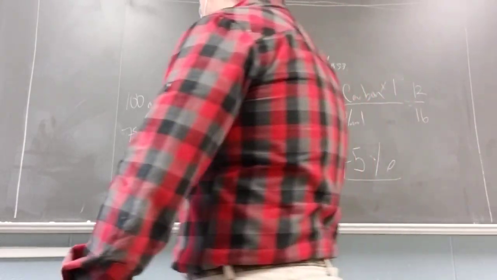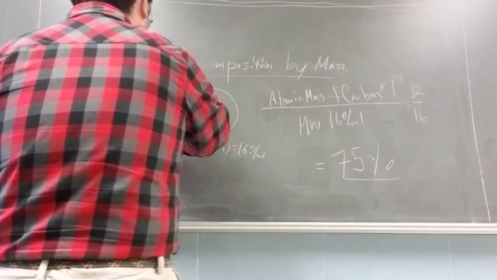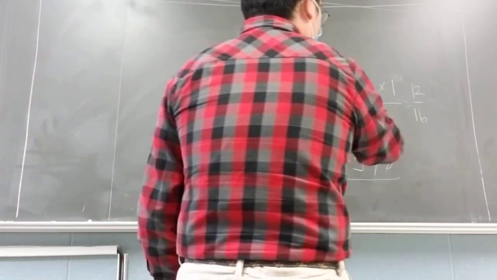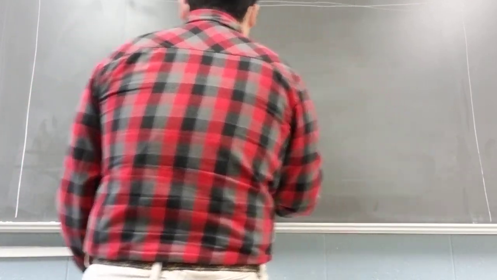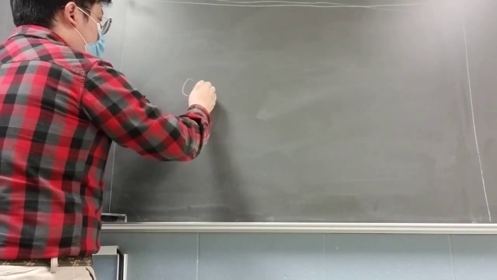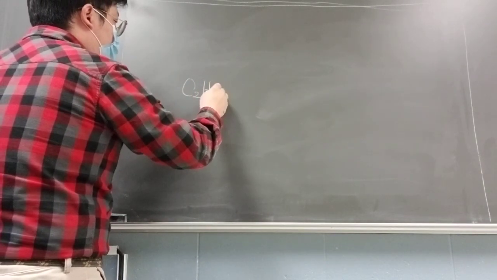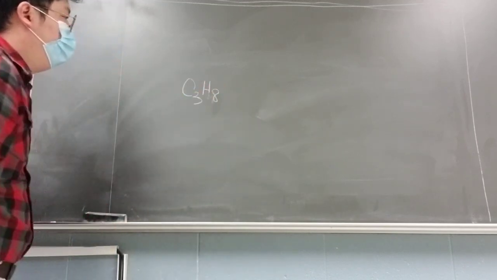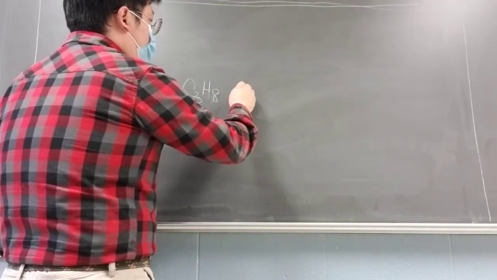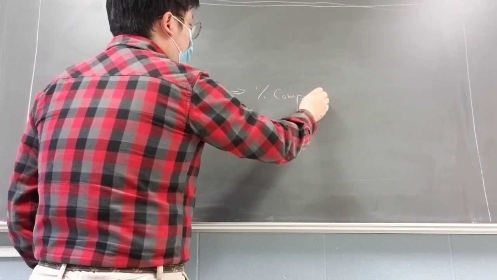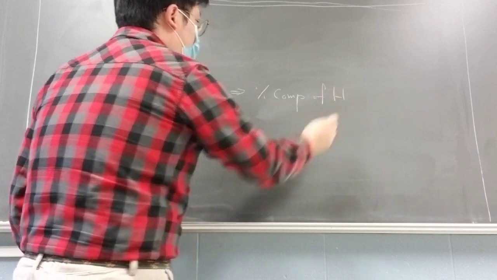So if that is the case, maybe you can try this one too. Maybe on the exam, I'll tell you this one. Let's make it this one over here, and try to find out the percent composition of hydrogen.